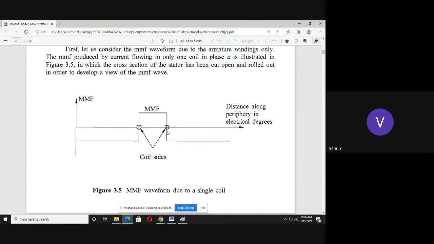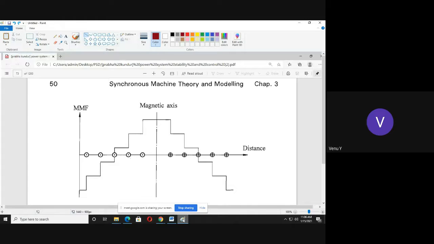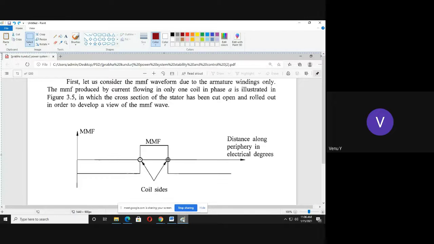If you consider a single rectangular conductor, here is a rectangular conductor.